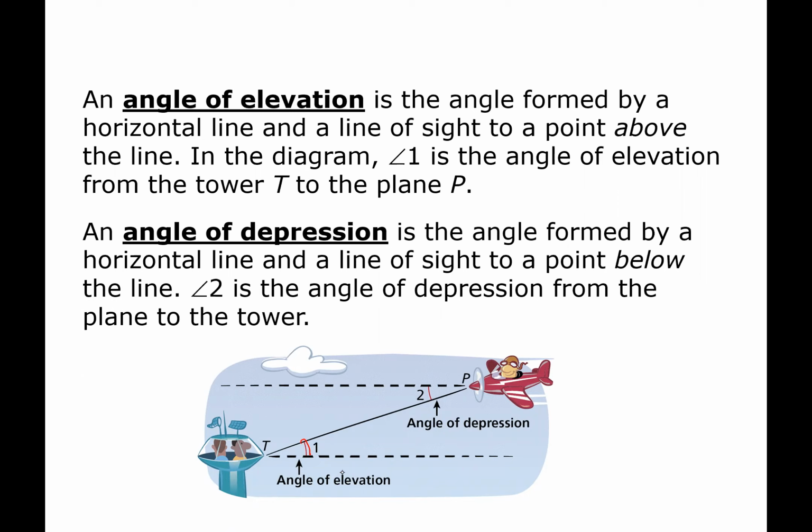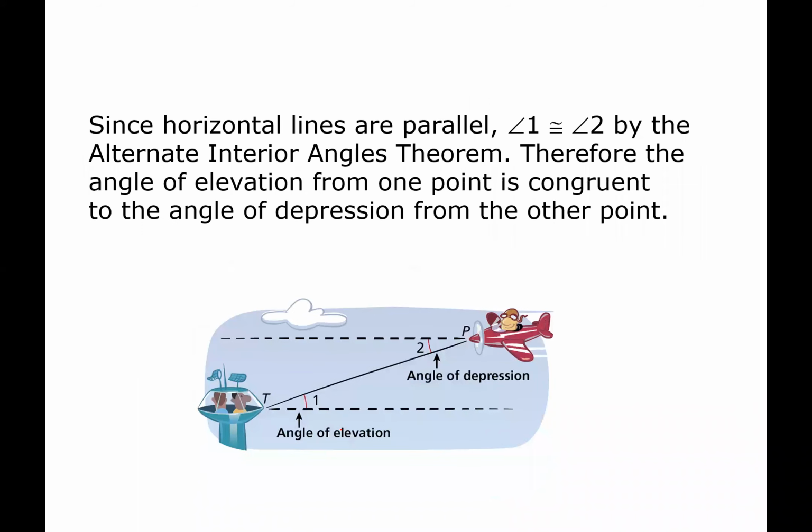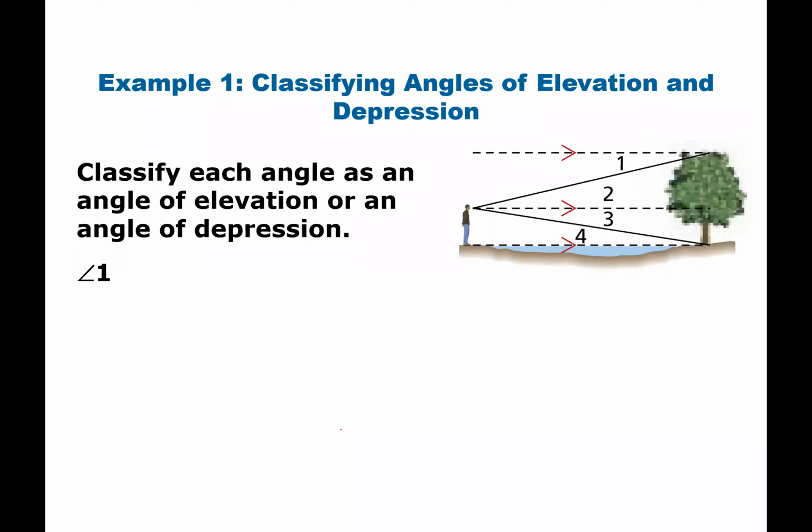As I told you, the angles are the same, but the names are different. Here he is looking down, and there he is looking upward. It is the same angle, but different in name only. They are the same because they are alternate angles.